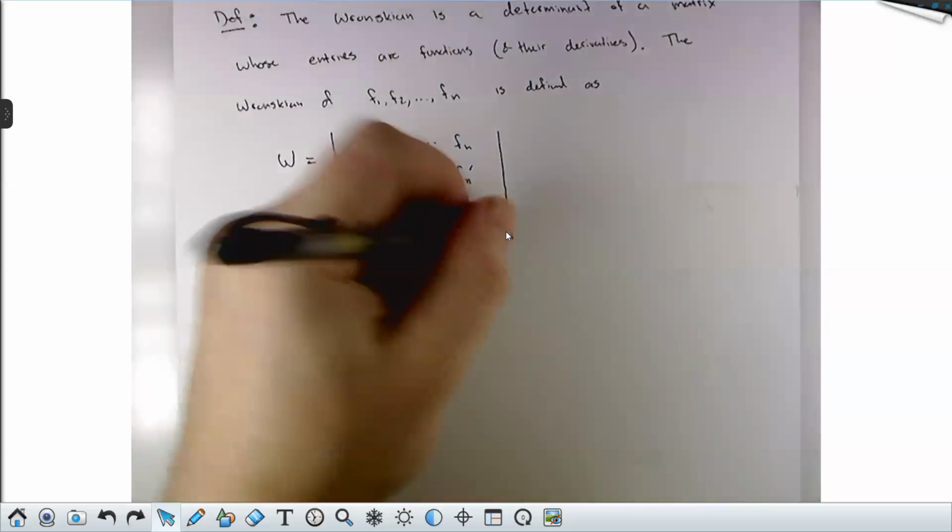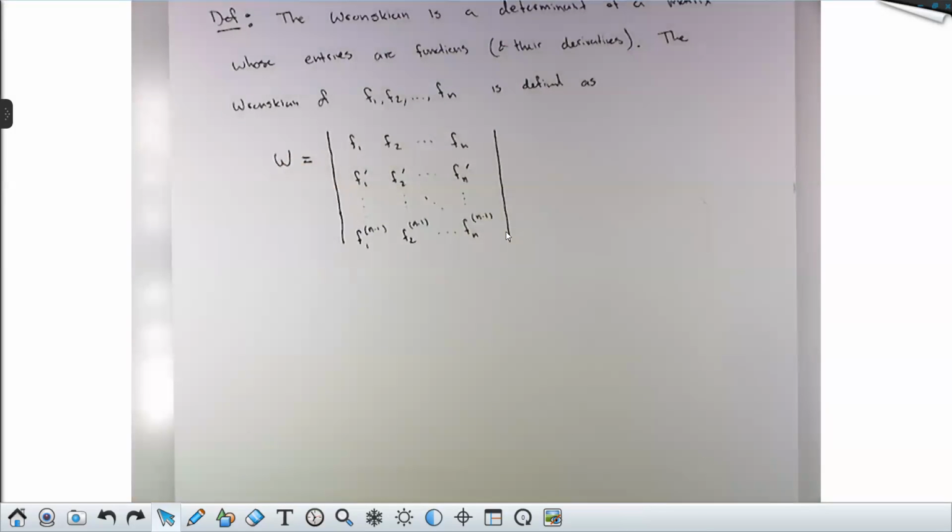And here's the nice fact. We'll call it a theorem. It's named after a Polish mathematician named Wronski, Józef Maria, I'm not sure how to pronounce that name. My Polish is very bad.